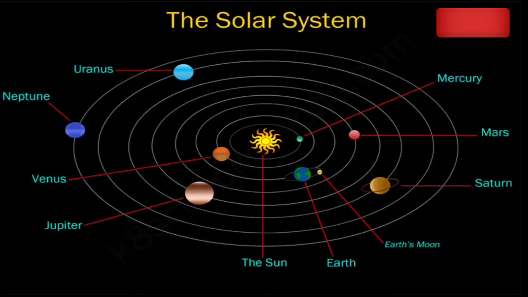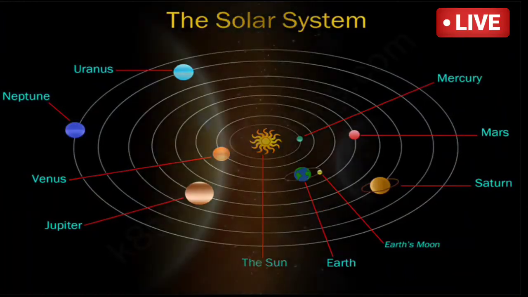I hope you understood this, right? The energy in the form of light and heat, which is constantly released by the sun, is known as solar radiation.